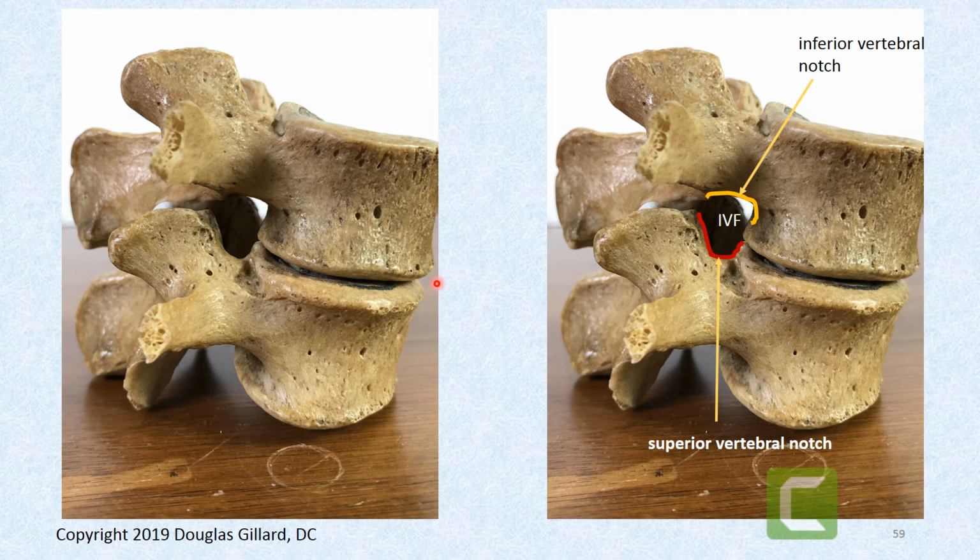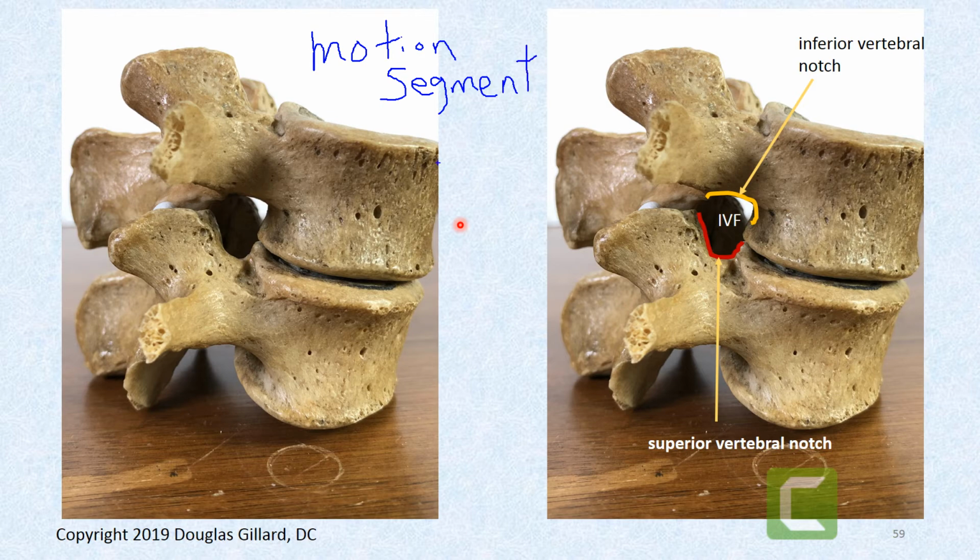So here we have, and did I tell you what a motion segment is? I'm not sure. I think I left that out. So I should tell you, what is the functional unit of the spine? That's right. It's called the motion segment. You can write that in. I definitely won't be doing too much of this writing.